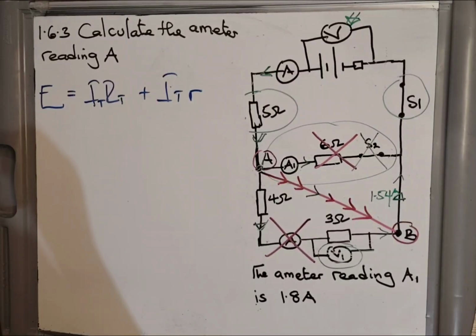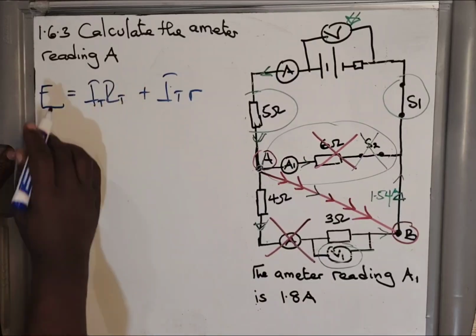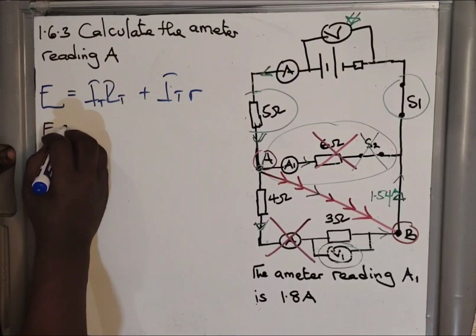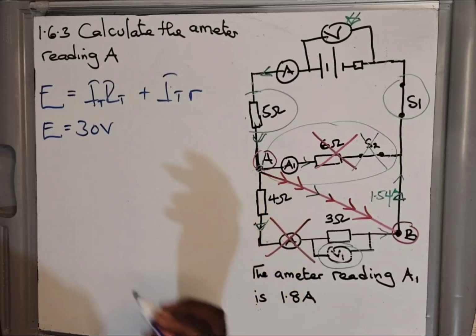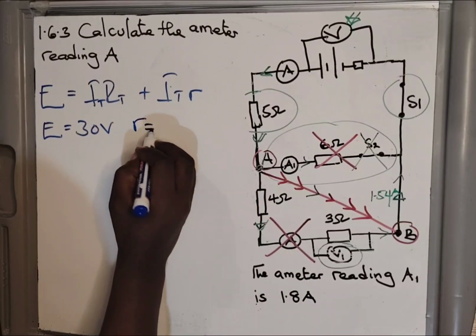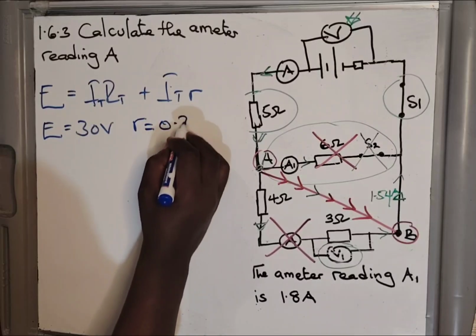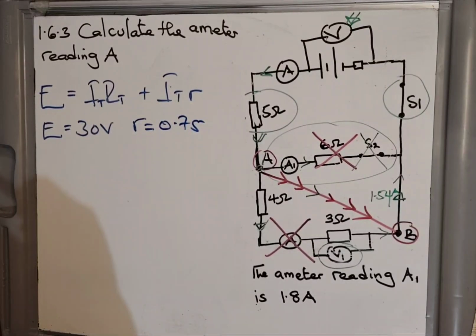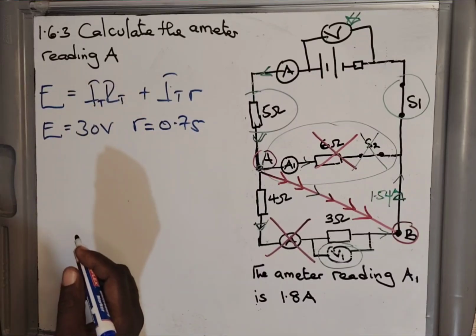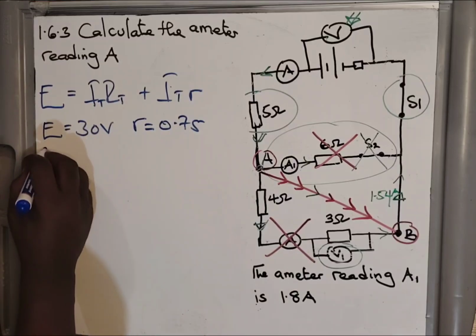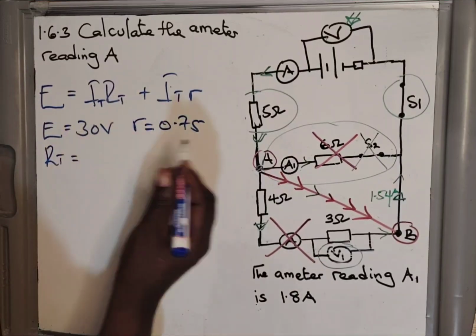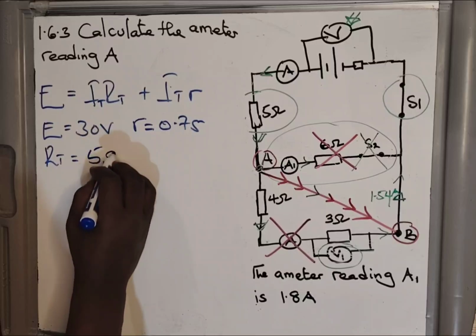So this one can become our savior. So what do we know? Remember, we know EMF does not change, so it's 30 volts. We are using the same battery, and we know that r also does not change because it's the same battery. These are features of a battery. Okay, those ones are there. And if we have them, what else do we know? We know R total. What is it? 5 ohm.